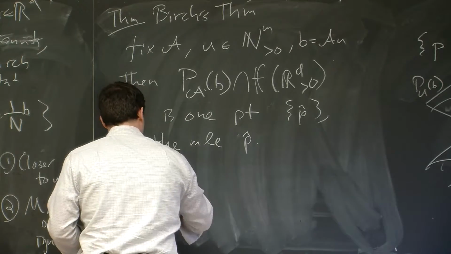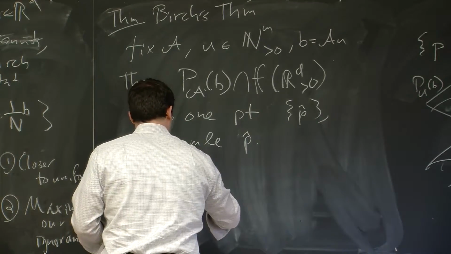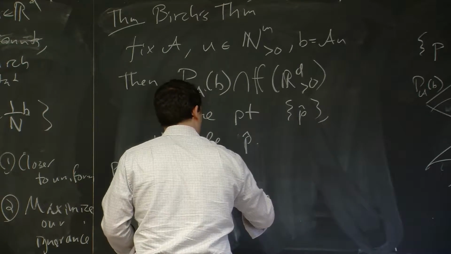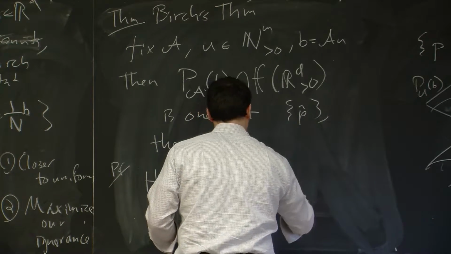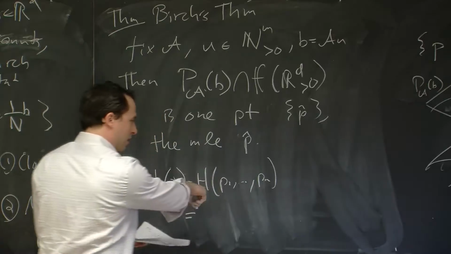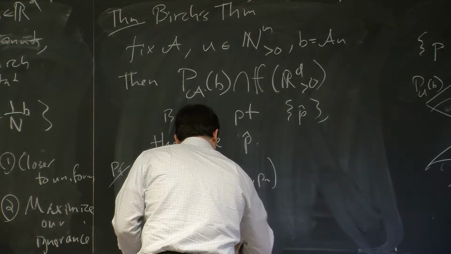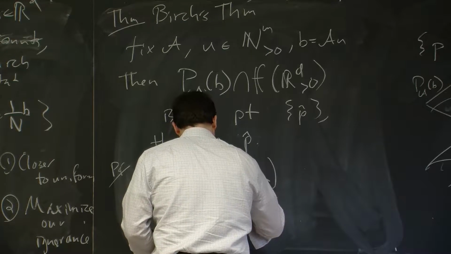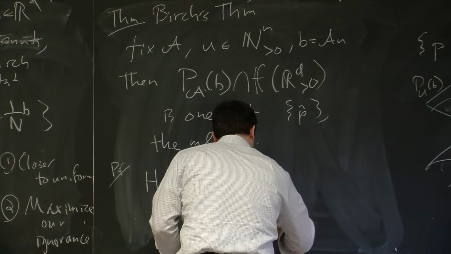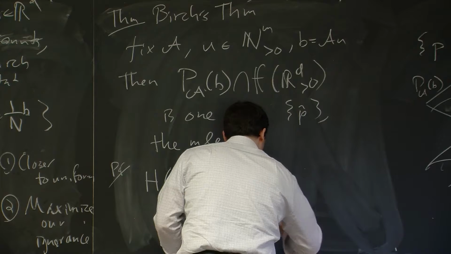So what is the entropy of a probability distribution? Just the definition. H is the letter typically used for entropy. It's the sum from i equals 1 up to m of p_i log p_i.